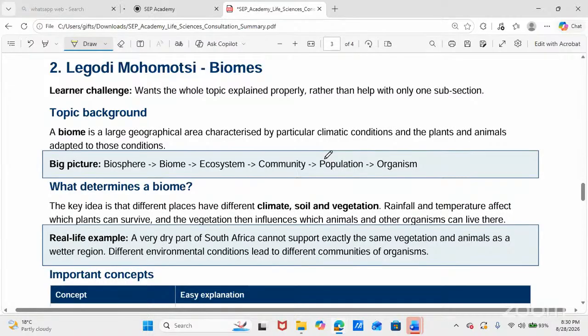Groups of tissues combine to form organs, and those organs combine to form systems, and those systems combine to form the human body. After that we also mentioned that each tissue in the plants and also in the human body performs different functions, so each tissue has its own function.